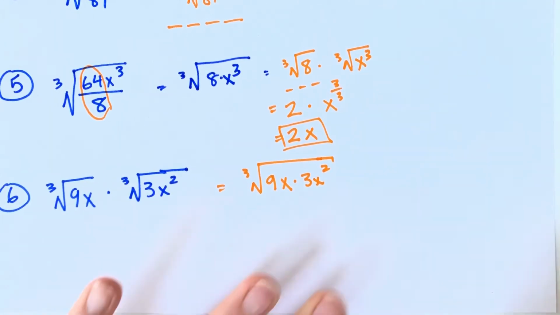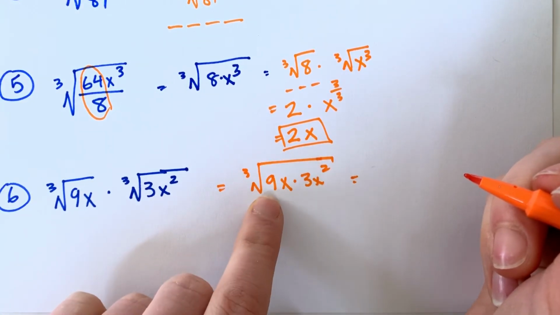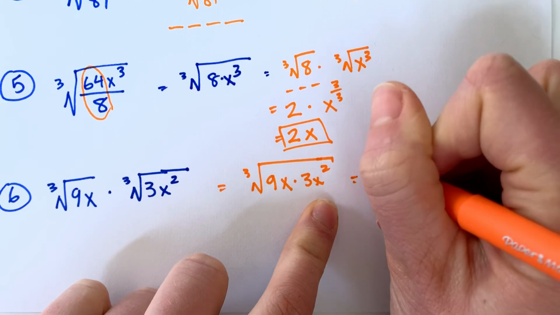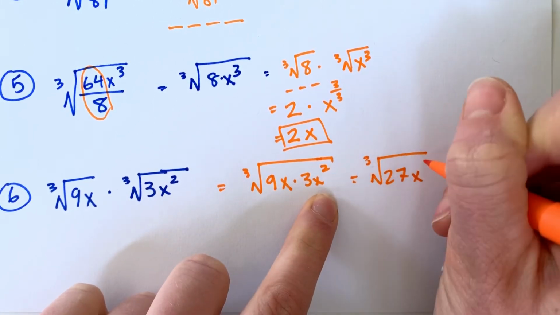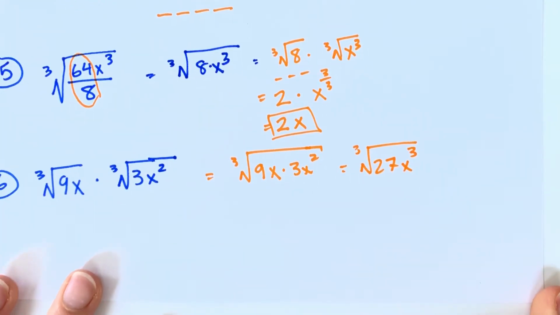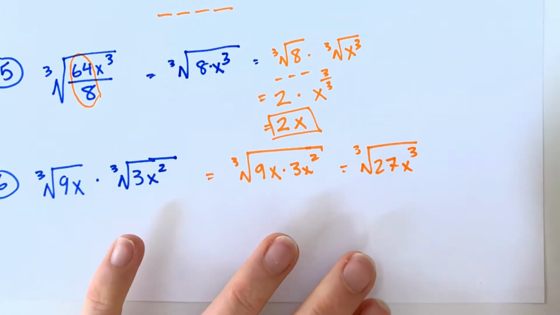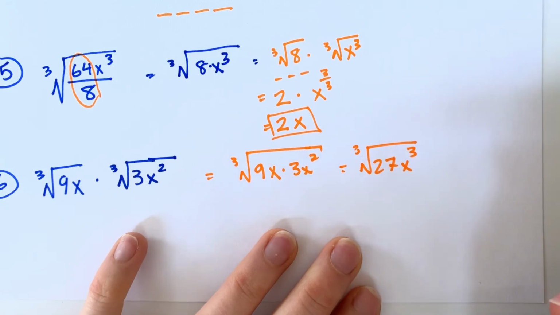Okay? Now, I'm going to keep simplifying this. Now I can multiply these guys together. So 9 times 3 is 27. And x times x squared is x cubed. Now this looks much nicer for me to work with. And I can see already that I can take some cube roots of these things. So now I can use the multiplication rule and split them up into 2 radicals.